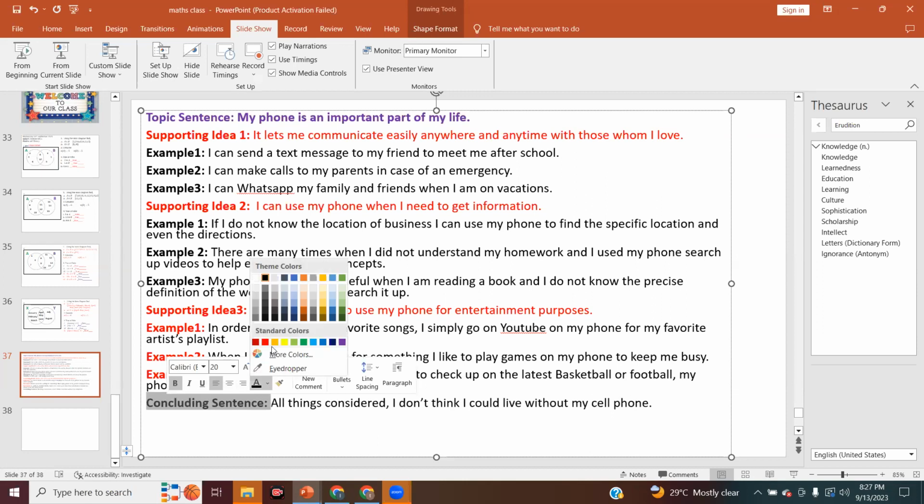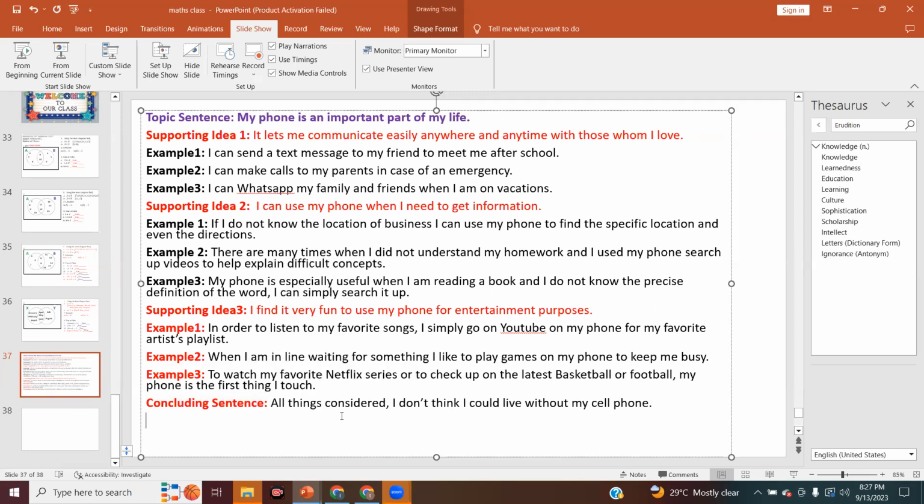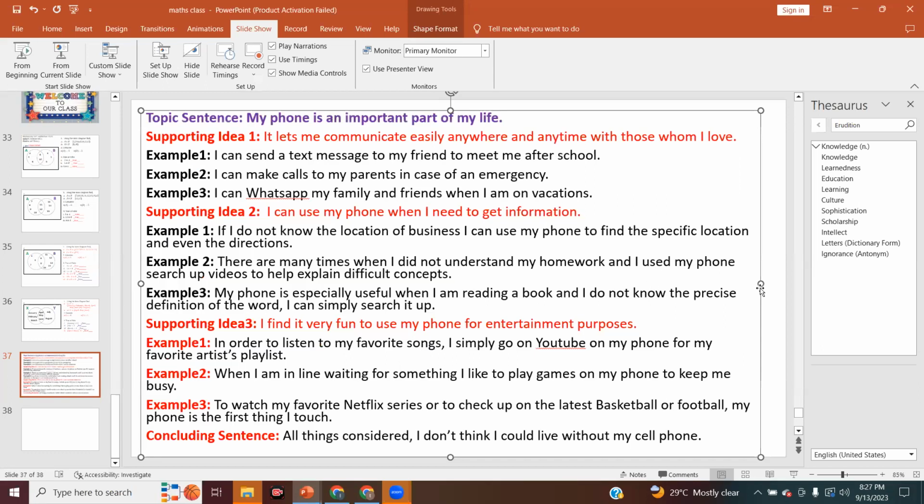Okay. So a person asks, oh, Mr. Petit, I have no ideas. How do I write a paragraph? I don't know what to put. I don't know what to write. Well, you can know what to write. All you need to do is start with a topic sentence. Then, from that topic sentence, consider the supporting idea. Then give 3 examples on that same supporting idea.